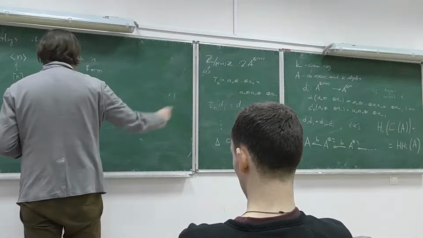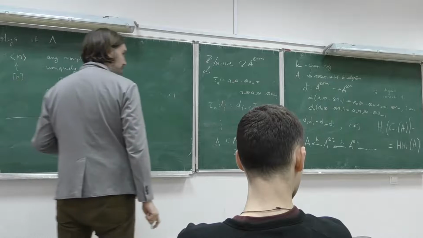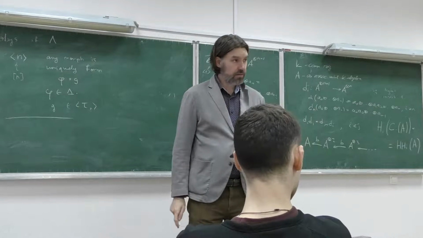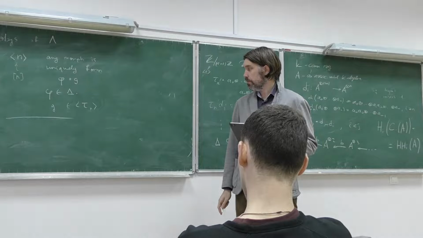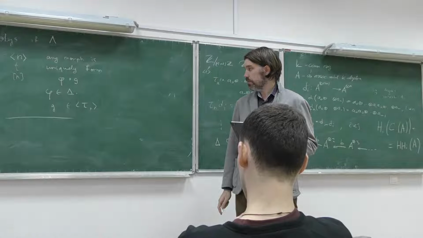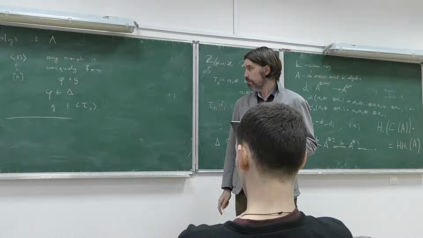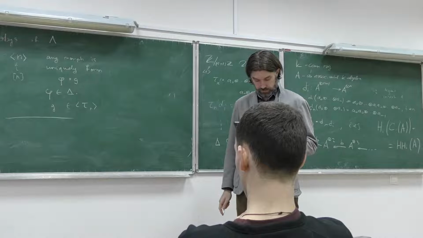Okay, and then you work out some list of relations. And the basic fact is that you can decompose it in unique form. You ask for phi to map, say, 0 to 0.